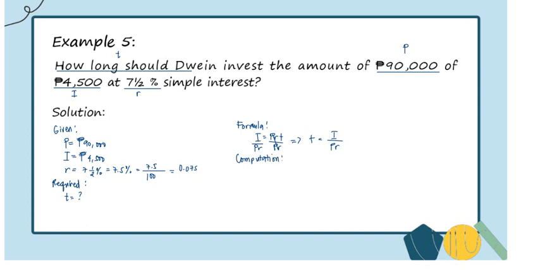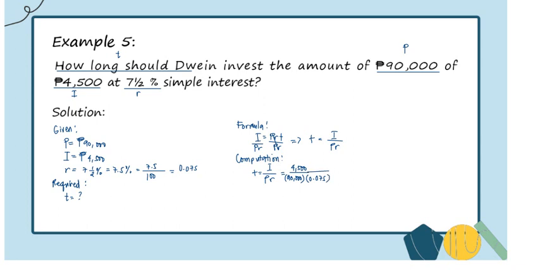We make use of the formula that is T is equal to I divided by PR. And then what is I there? I there is 4,500. And then PR is going to be 90,000 pesos times R, which is 0.075.